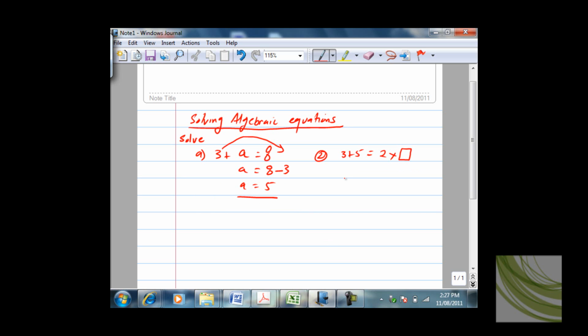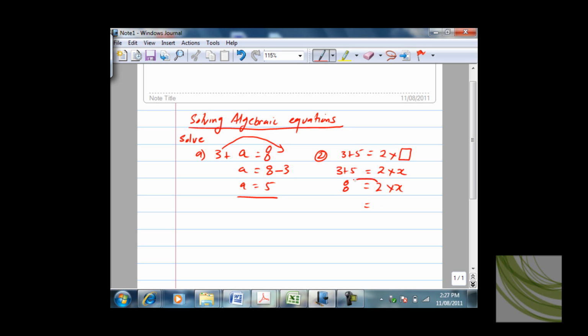Let's have a look at the second question here. Once again, instead of using the box, we'll use a letter. Let's say use X, and you got 3 plus 5 on the left hand side. Let's add them up and we get 8 as the answer. And making X the subject of the formula means to ensure that X is the only number on the right hand side.